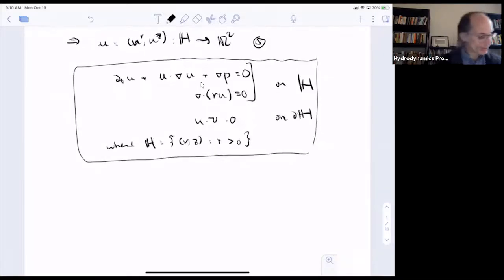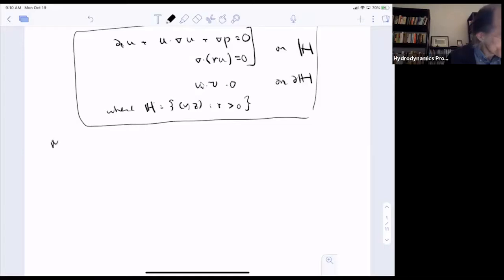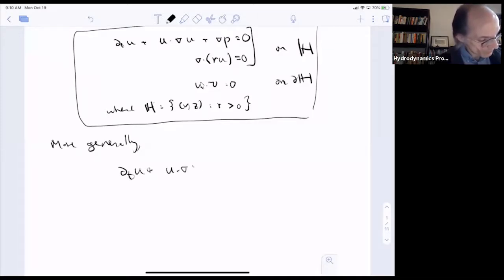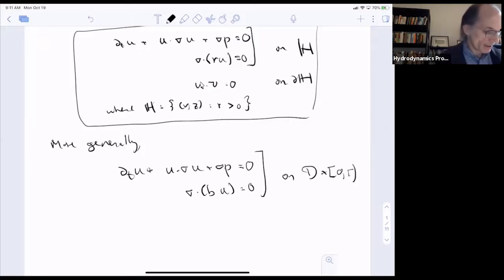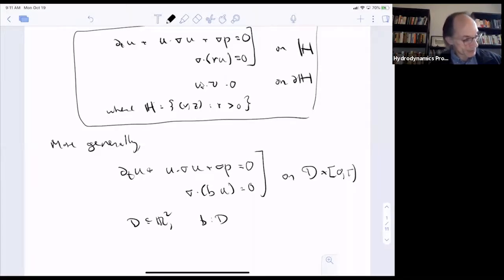And we actually considered a more general equation, where D is a domain in R2, and here B is a given positive function.